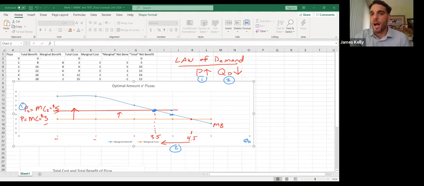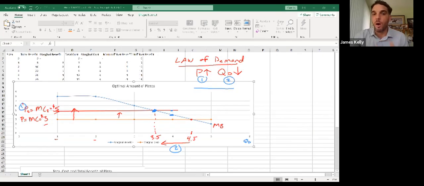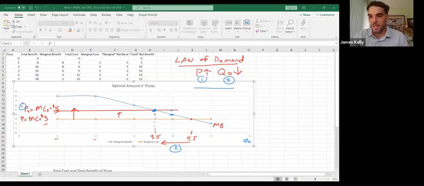This is why we have the law of demand, and why the demand curve is downward sloping from a micro standpoint, from an individual decision maker standpoint. The individual consumer is going to consume less at higher prices.